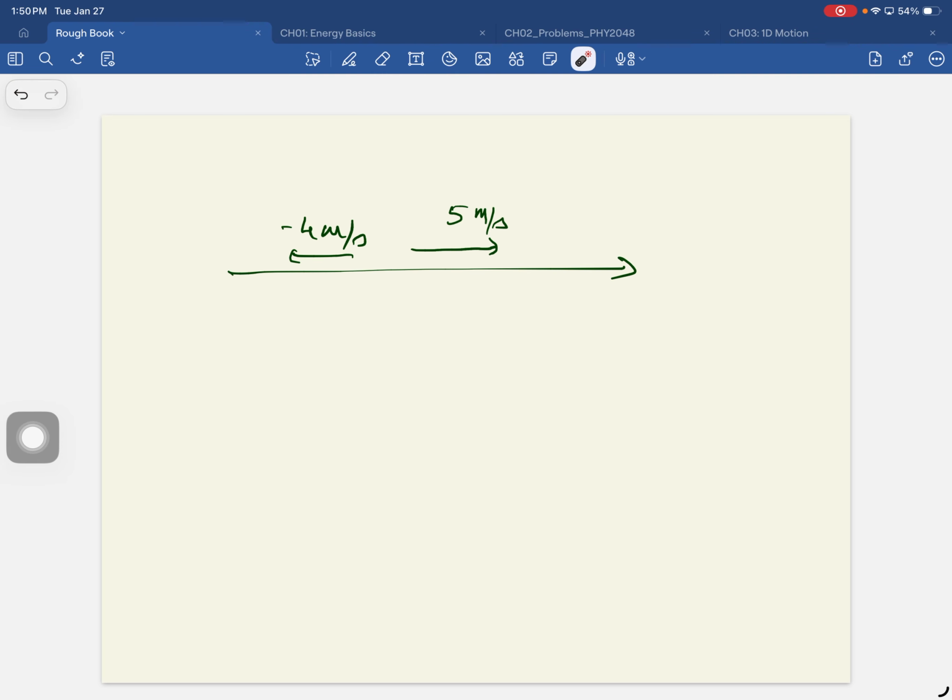When you're accelerating, your velocity is changing. If your velocity was not changing, then the time derivative would be 0. So when you apply forces, you will accelerate. That means velocity is changing.